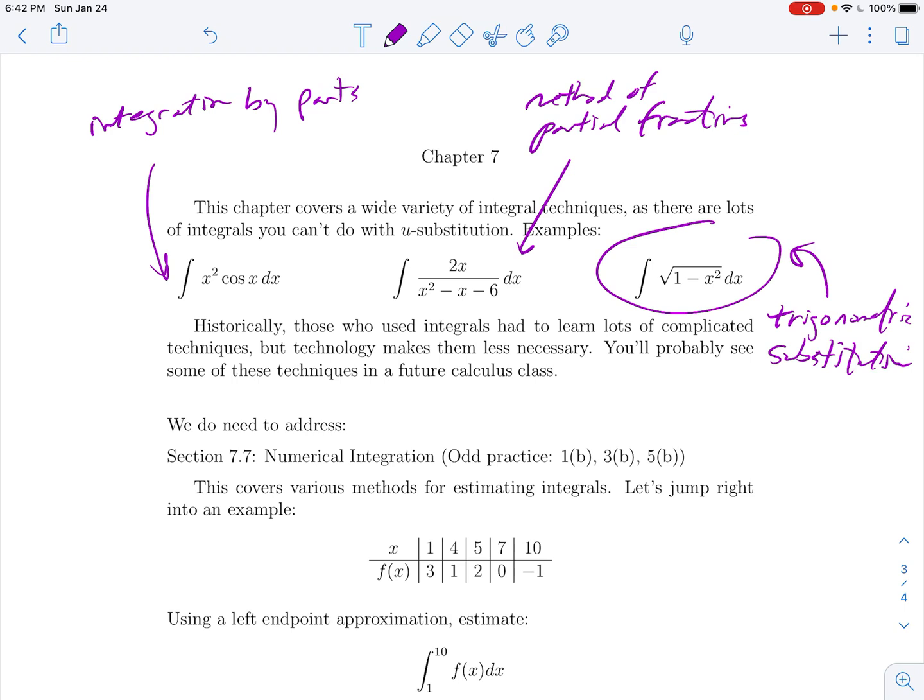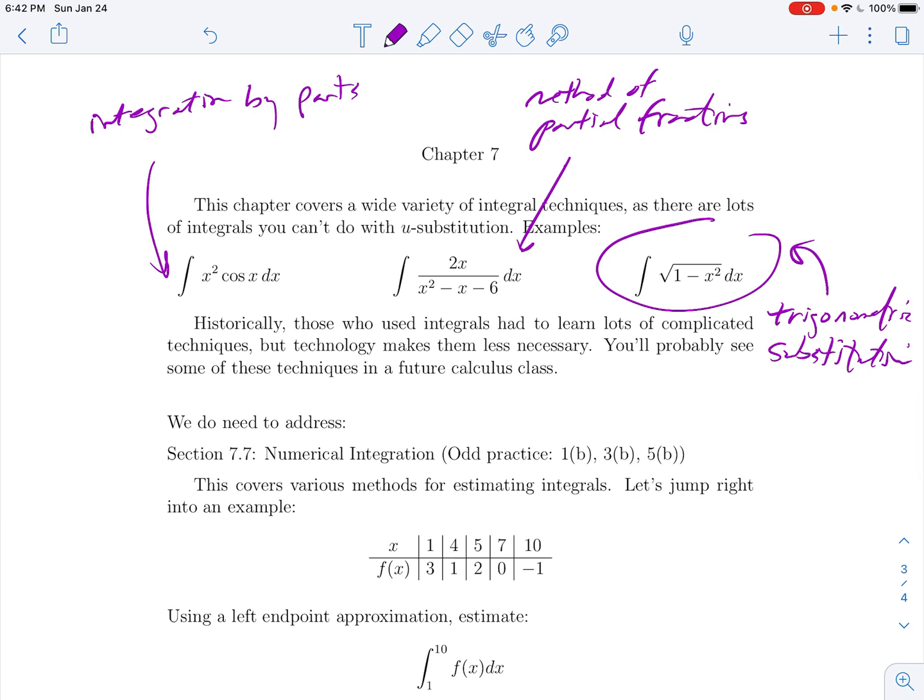So again, some of this you would see in BC if you're taking that next year. Some of this you would almost certainly see in a second semester college calculus class, because you might need to do integrals a little more exotic than what you've seen before.